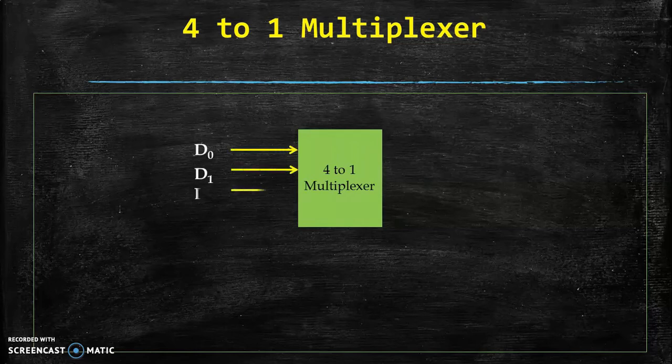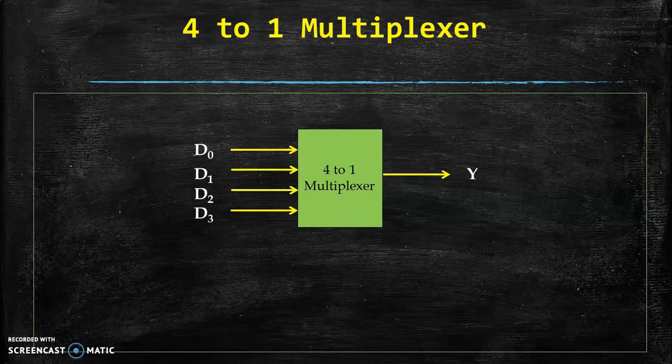We have 4 input data lines, that is D0, D1, D2 and D3. We have one output Y, and as we have discussed earlier, in case of 4 input data line, the control signal or select line required, that is 2 raised to power 2, and that is equal to 4.